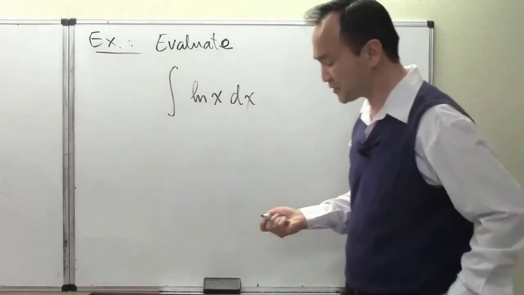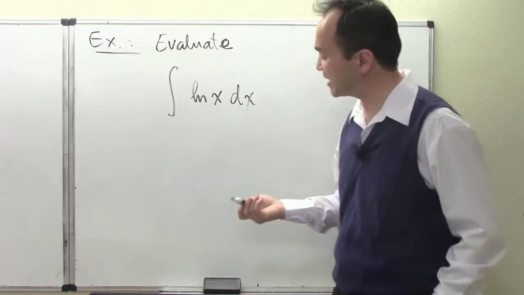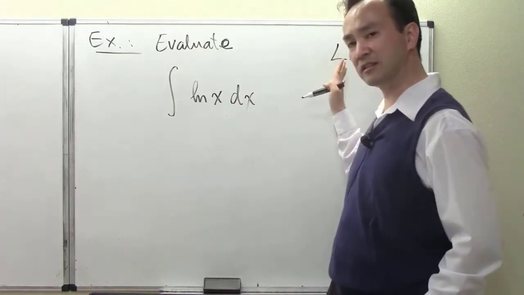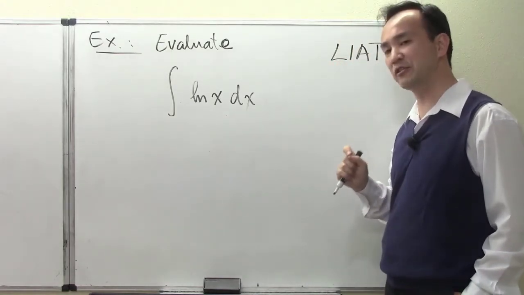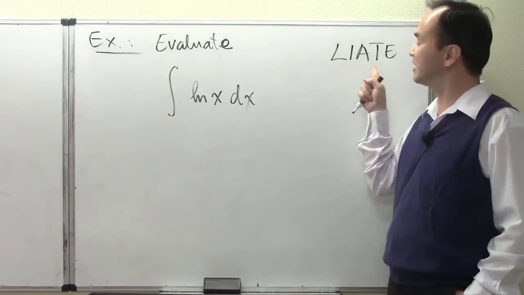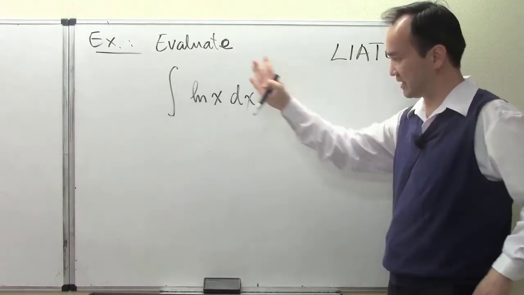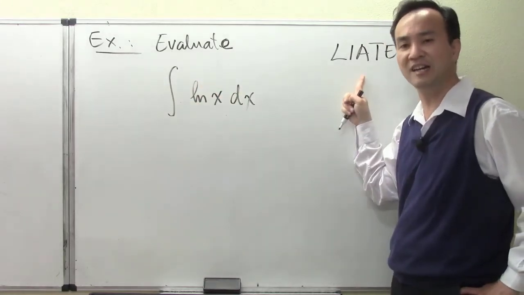This advice comes out of my teaching experience. In the main general lecture I said there are exceptions to LIATE, and that is still true, but I would like to emphasize that for this problem we can still stay with the LIATE guideline.